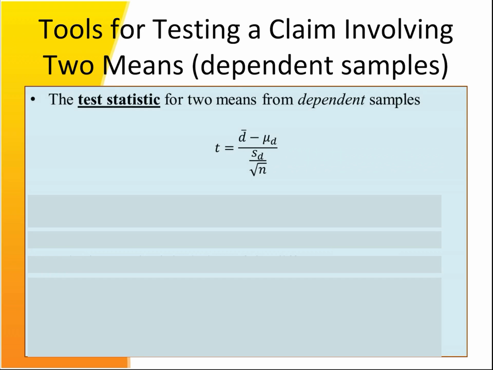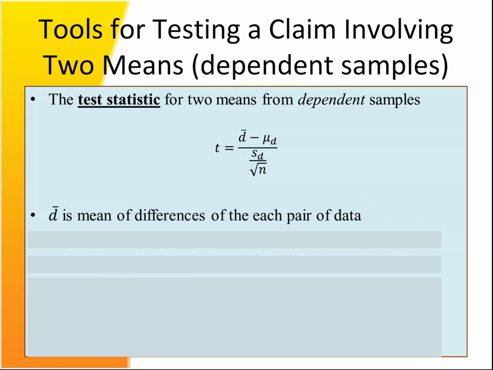So the first thing that we need to worry about is the test statistic. The test statistic that we're going to start with for comparing two means from dependent samples is D bar, which is the mean of differences of each pair of data. I'll do an example in a minute.